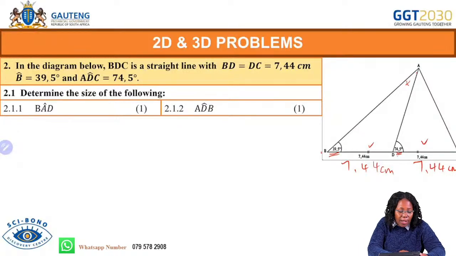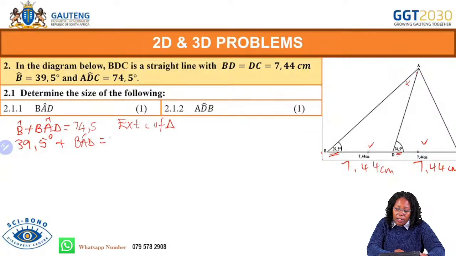If you look at angle B plus angle BAD, that is equal to angle 74,5. Why? Because it's the exterior angle of a triangle. You need your geometry now, grade 12. What is B? 39,5 degrees plus BAD is 74,5 degrees.